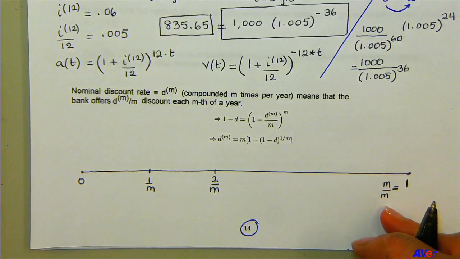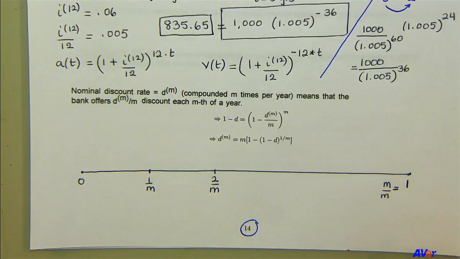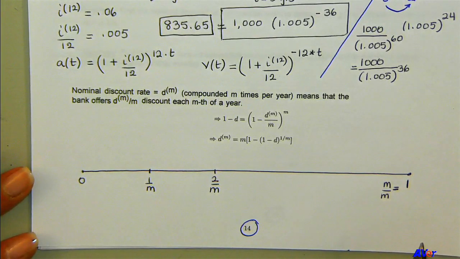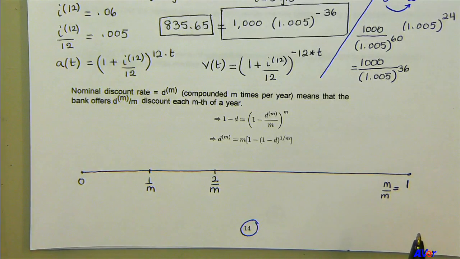What is A of t in terms of d? What is the accumulation function A of t in terms of d, not in terms of i? I know that in terms of i, A of t is (1 plus i) to the t, which is equal to (1 plus i^(m) over m) to the m times t, right?